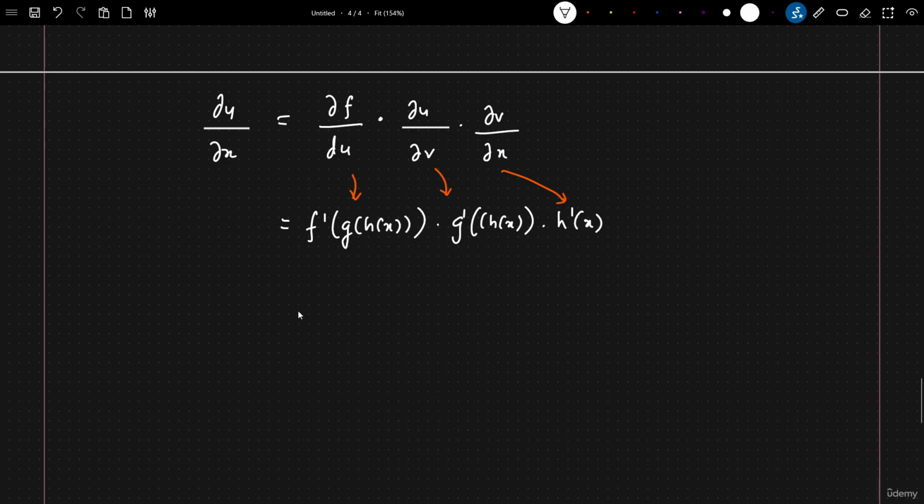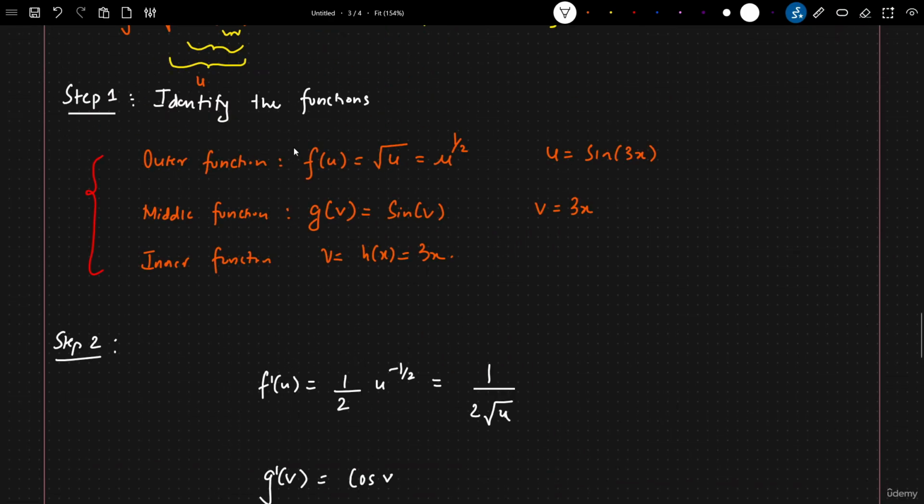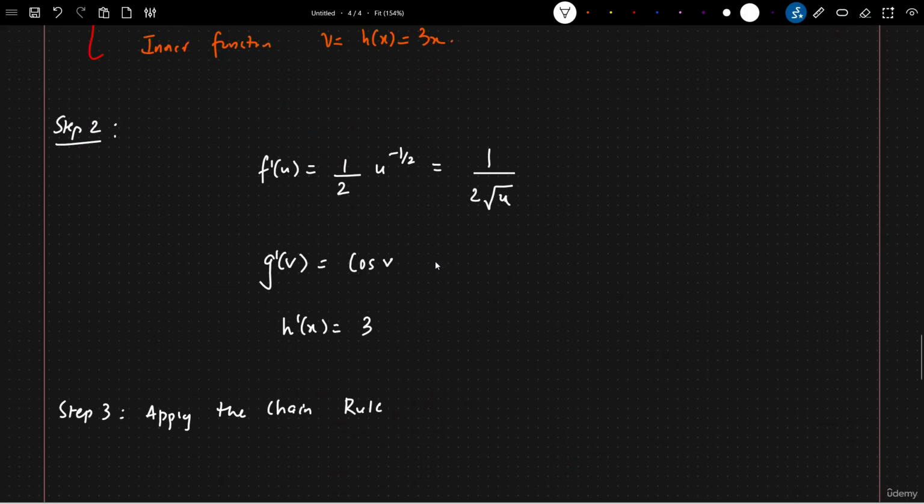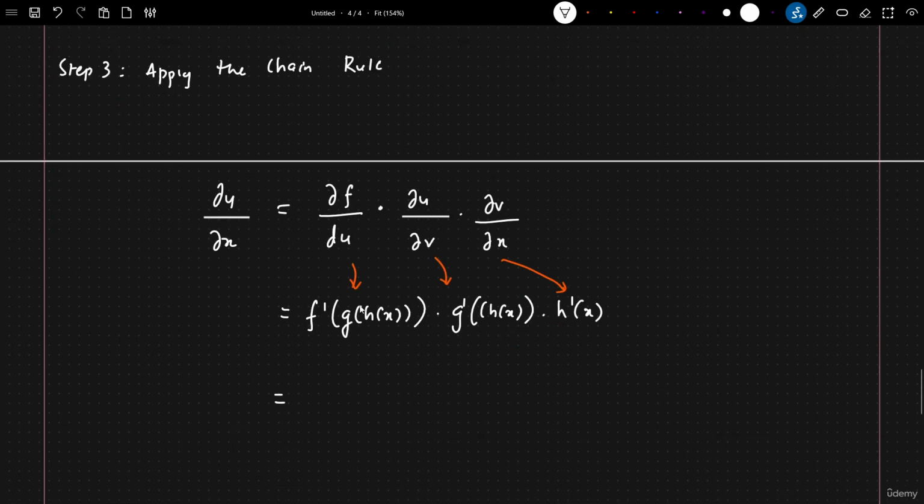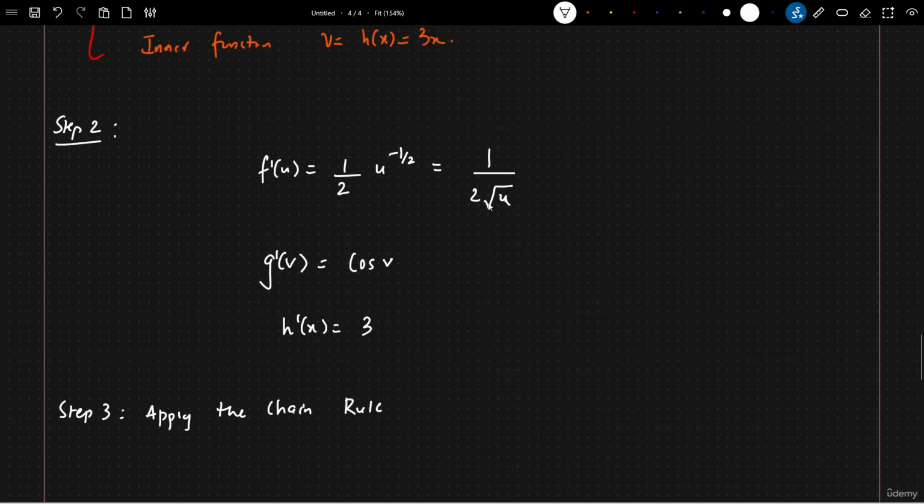And if you want to simplify it further, you can write it out. We have already calculated these derivatives, so let's replace them. First of all, what is f dash of u? f dash of u is nothing but 1 divided by 2 root u, right?